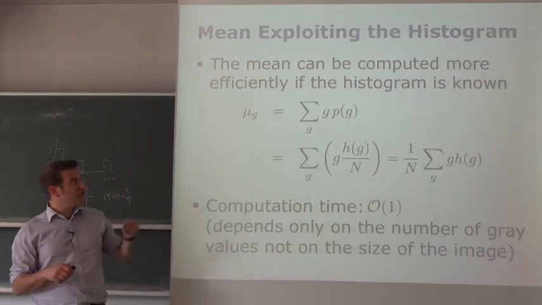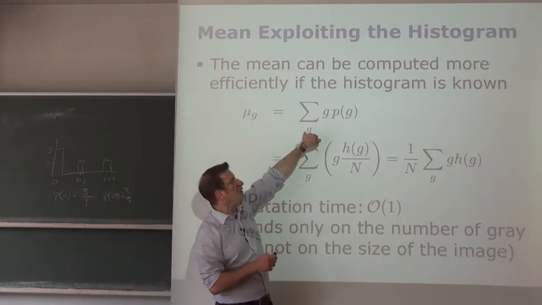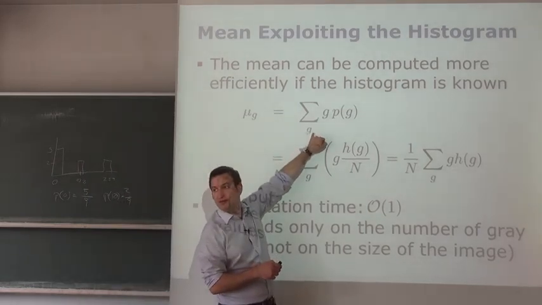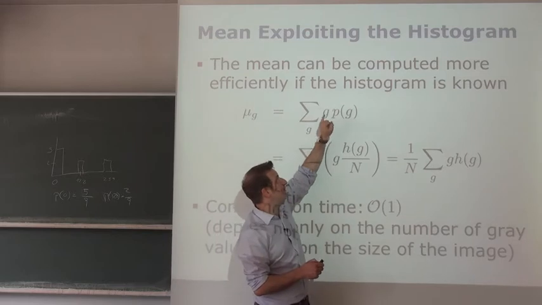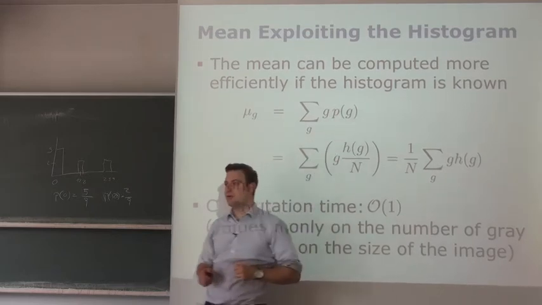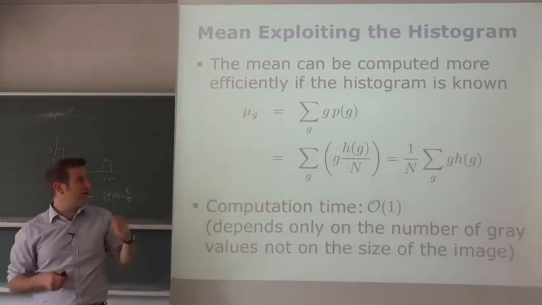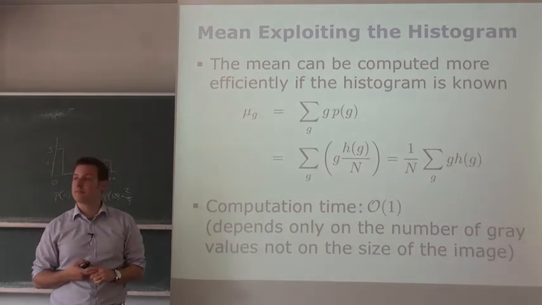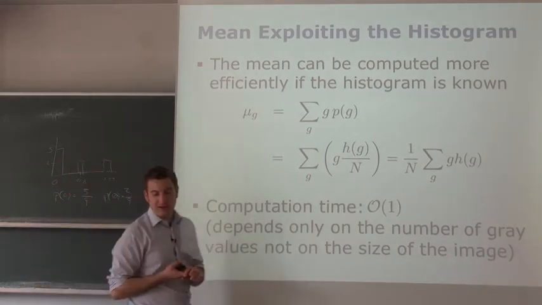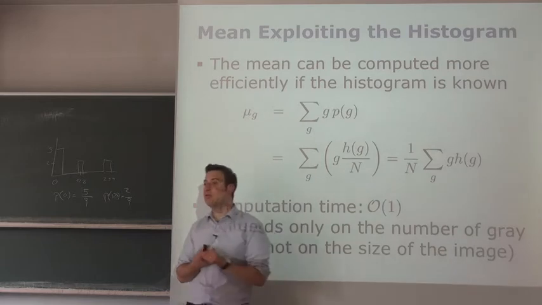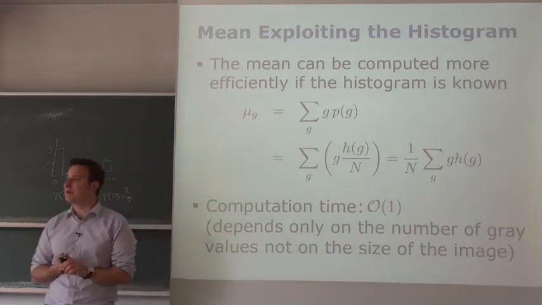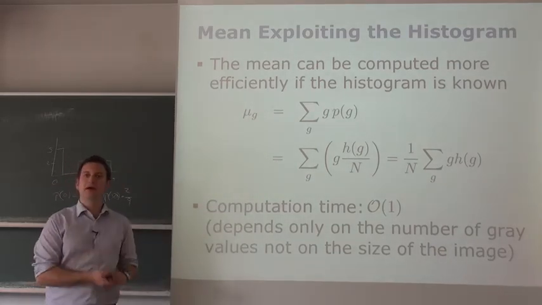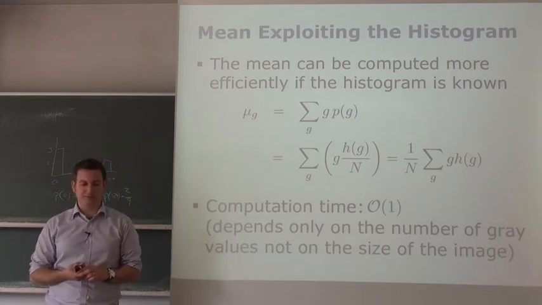So what changes, I just need to sum over all possible gray values, intensity values, and multiply the intensity value with the probability that this occurs, which is a value I directly obtained from the histogram. That's great. So this is something which I can do faster than operating on the image. So if I have the histogram, I can compute this value more efficiently.